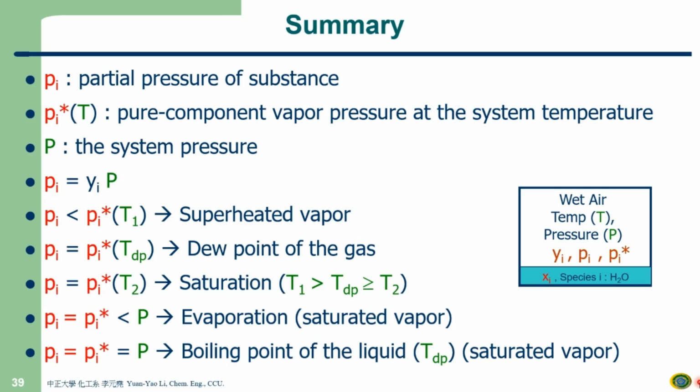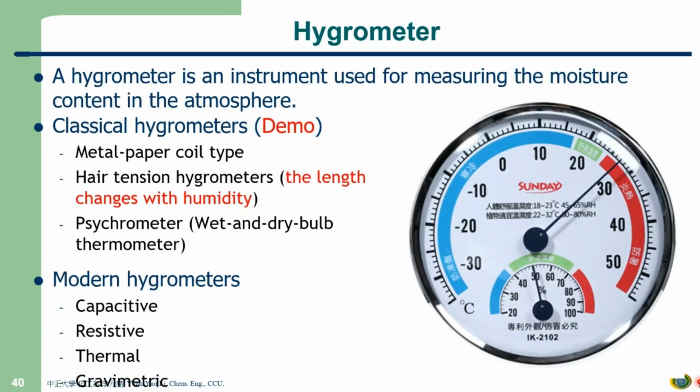So again, let's move this to next week when we review. So how are we going to measure the humidity? This is called a hygrometer. This is the thermometer, which tells you that a temperature between 15 and 25 is comfortable.